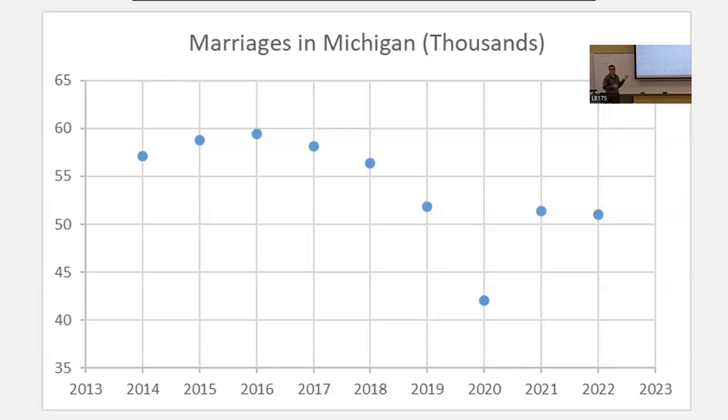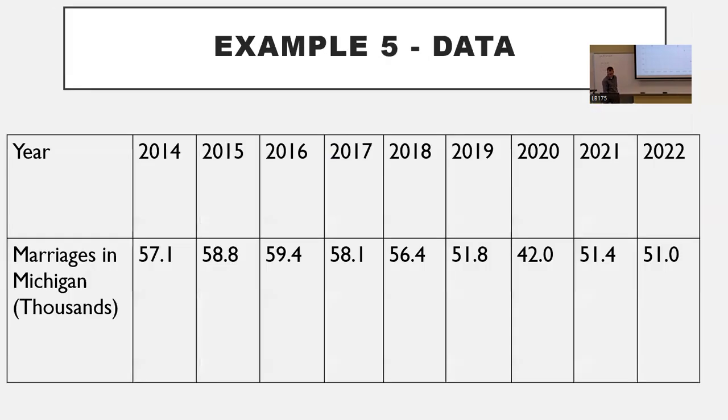So this one is a scatter plot that represents marriages in Michigan in thousands. So for instance, in 2014, there was like 57.1 thousand marriages. In 2015, there was 58.8 thousand marriages in Michigan. This is what happened in that year.